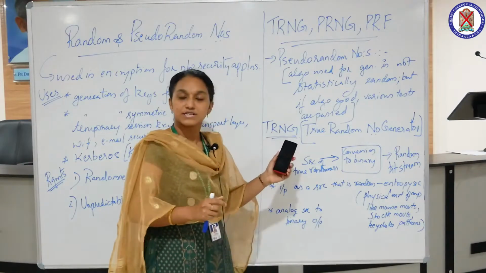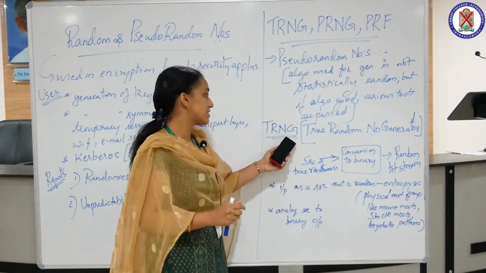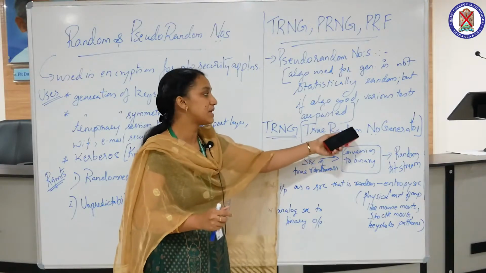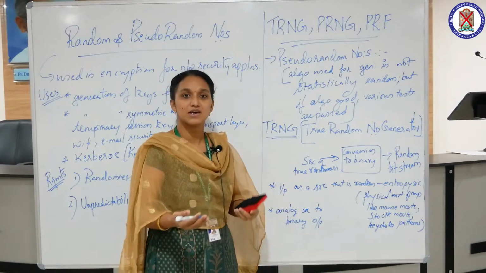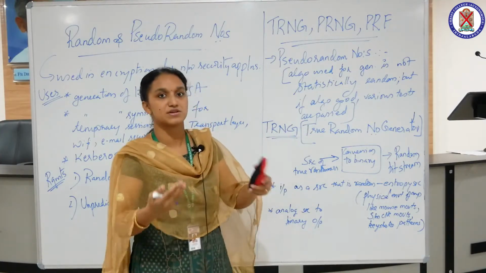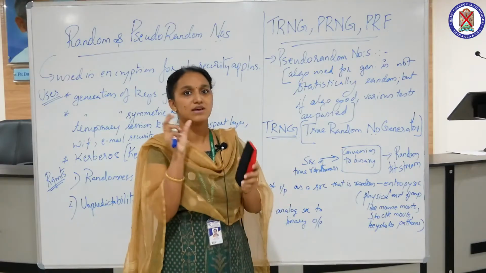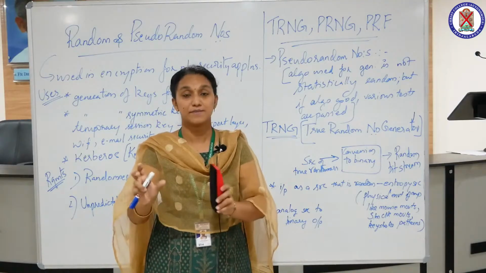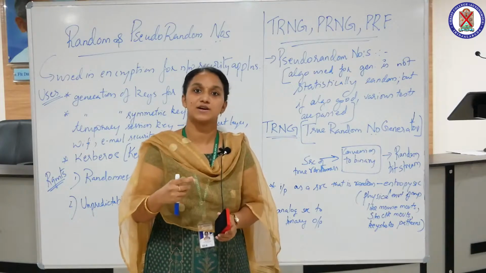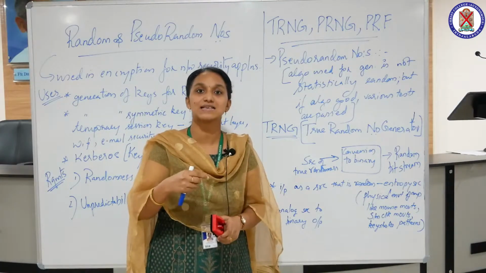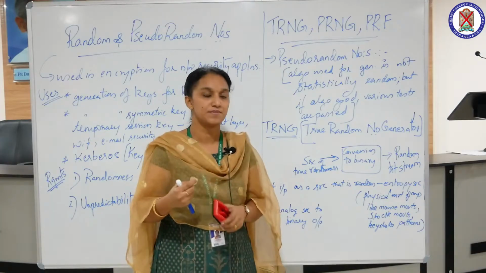The first generator we are going to deal with is TRNG, the true random number generator. It's very simple. As the term suggests, at the other end also you have exactly a random number, but what differs is the form you get and the functioning that happens in this algorithm, which you have to know.